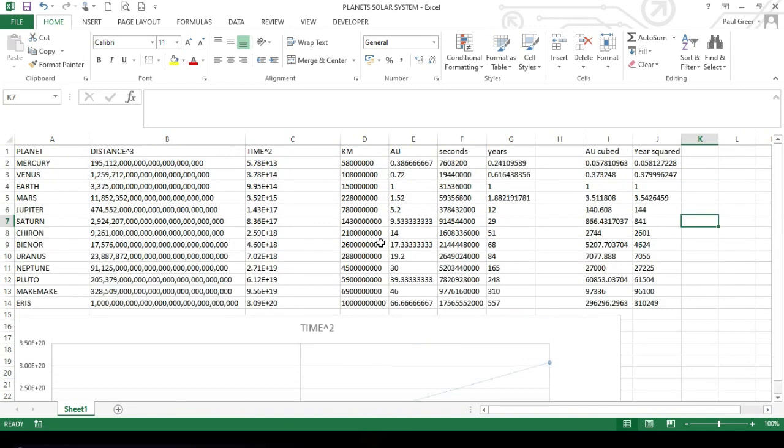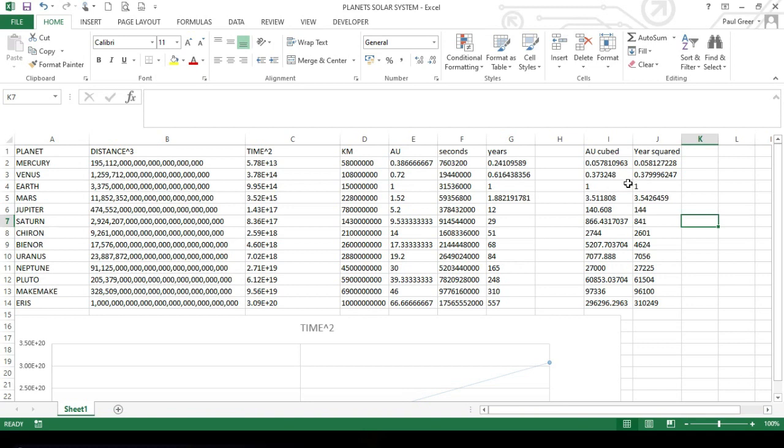And what Kepler's law is, he says the AU, the astronomical unit, the distance from the Sun cubed, should be the same as the period squared.